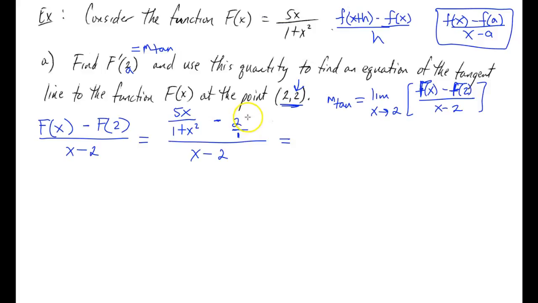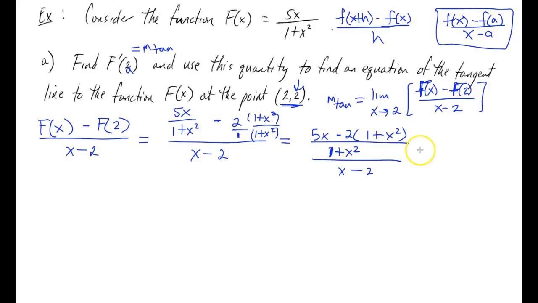So to do that, we need to multiply numerator and denominator by 1 plus x squared. And so that'll end up being just 5x minus 2 times 1 plus x squared, all that over 1 plus x squared, all that over x minus 2. And that's a 1 there.